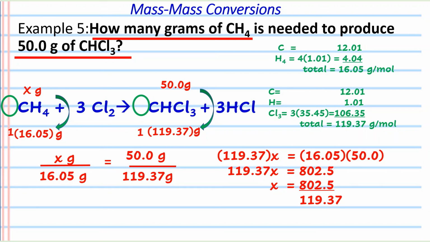We're going to divide by 119.37, and that answer comes out to be 6.72279. 50.0, the original number from the question, only has 3 sig figs, so we're going to round our answer to 6.72 grams of CH4.